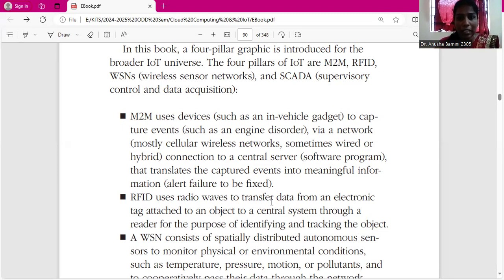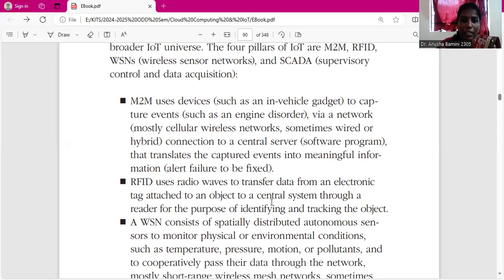These things are gathered with the support of M2M by working under particular software. For accessing and gathering this information, we must need one software, right? Using this software only, we are collecting the data, whatever it is. So the first pillar of IoT is M2M.